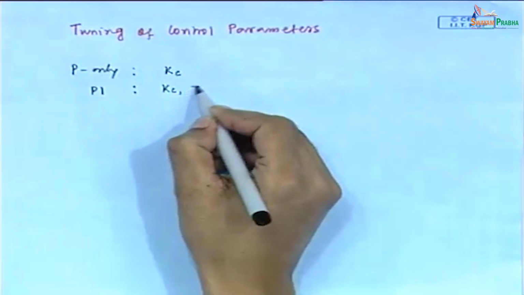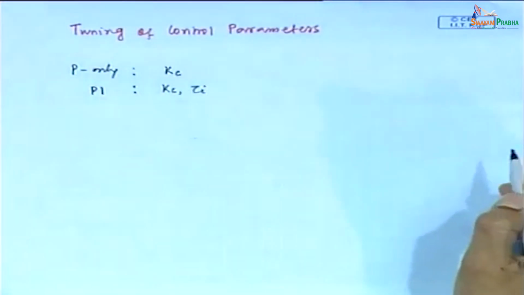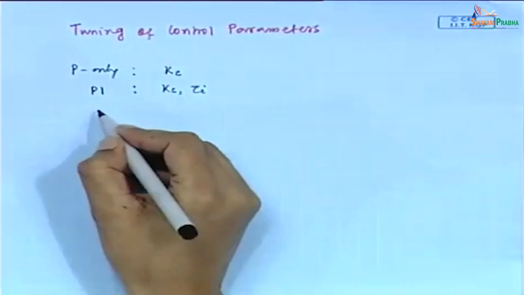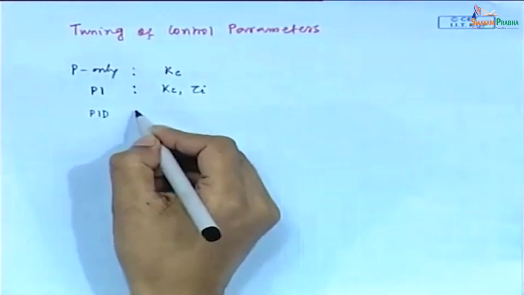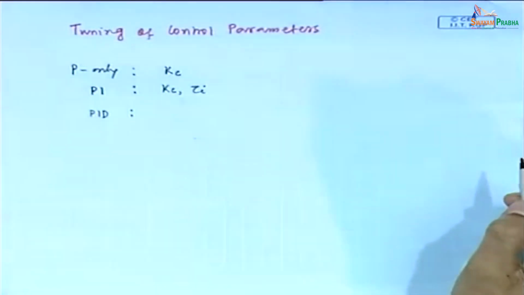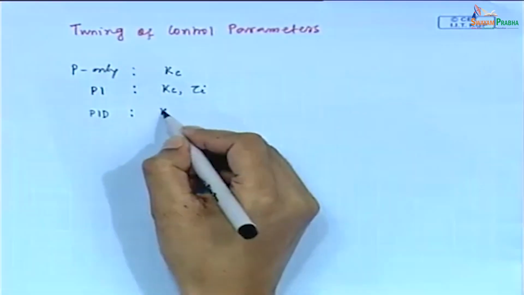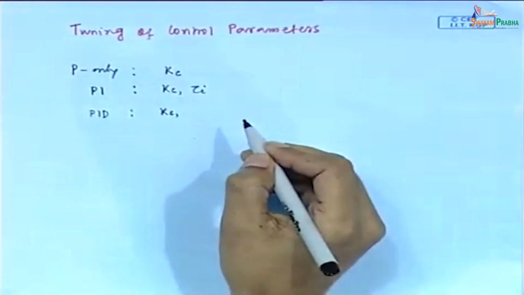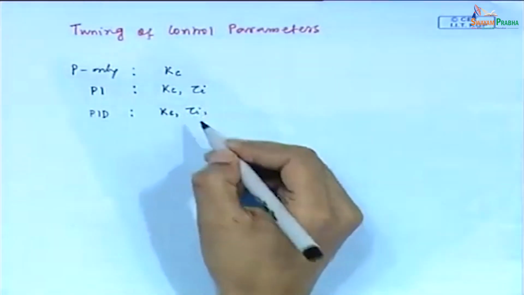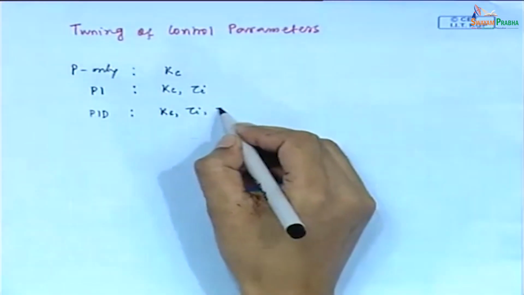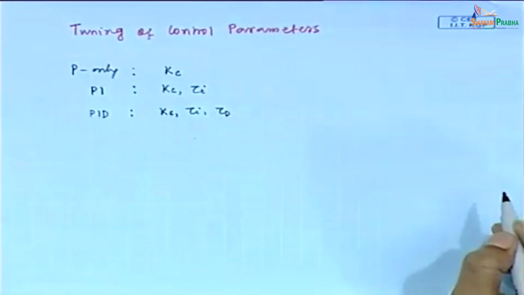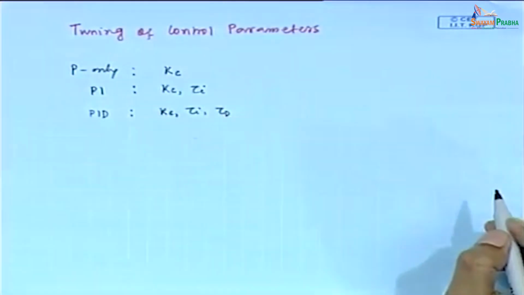One is Kc, another one is tau y. Tau y is the integral time constant. And for PID controller, there are three tuning parameters: proportional gain Kc, integral time constant tau y, and derivative time constant tau d. So, these are the tuning parameters.